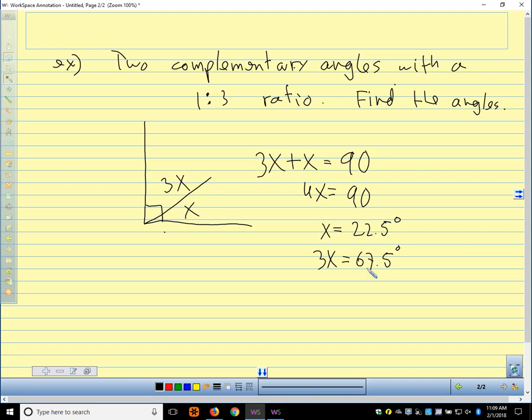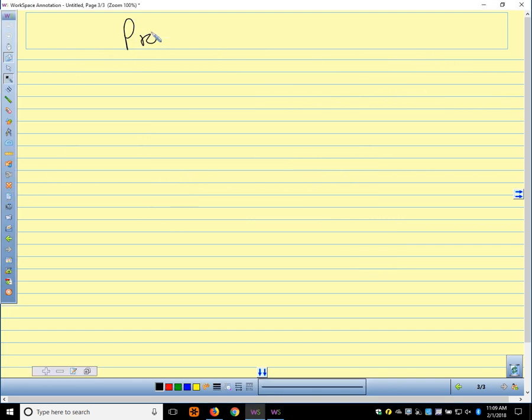Okay. The next thing that we need to talk about is, we're going to compare ratios, and to do that, we use a proportion. Proportions are equations between two ratios.